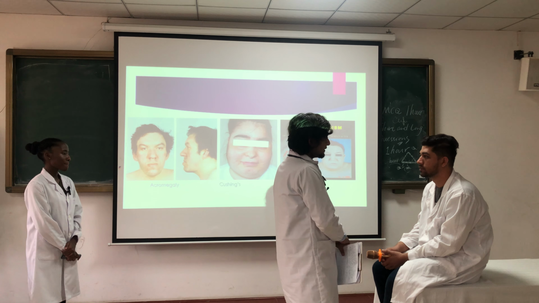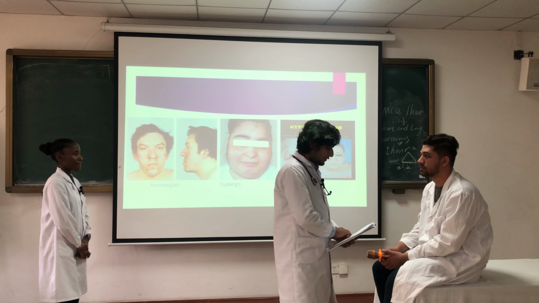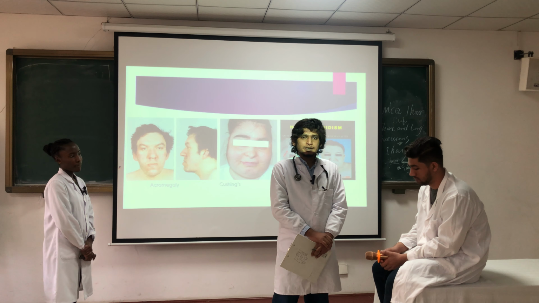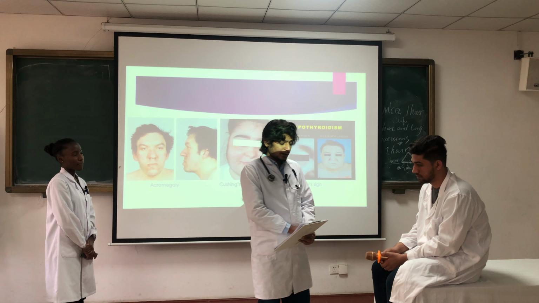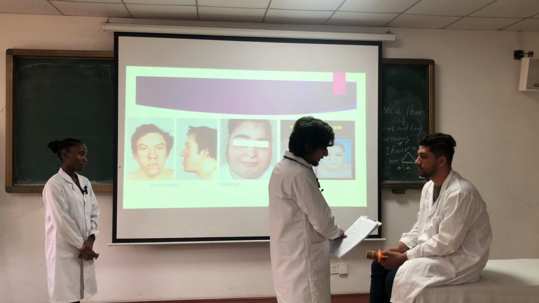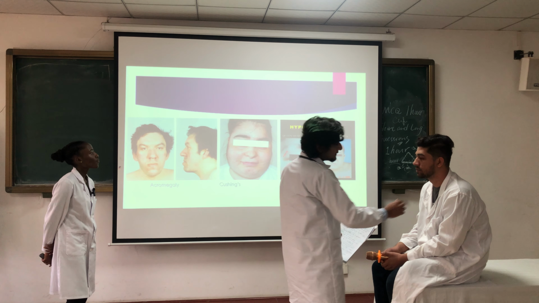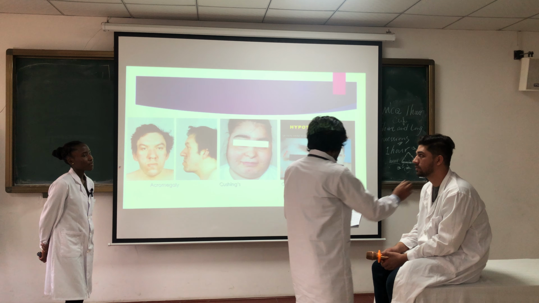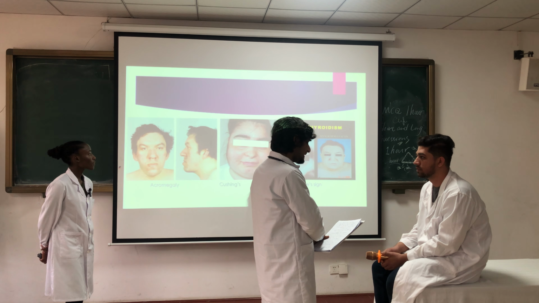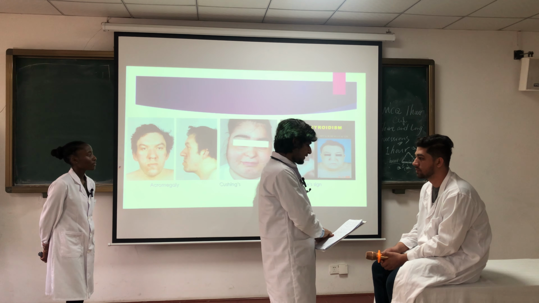Sir, please look at me. Okay. We have to look at the face of the patient. The large jaw will indicate acromegaly, and the puffiness of the face and moon shape will indicate Cushing syndrome.